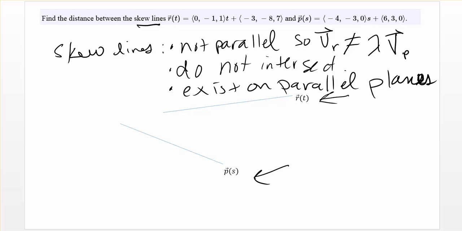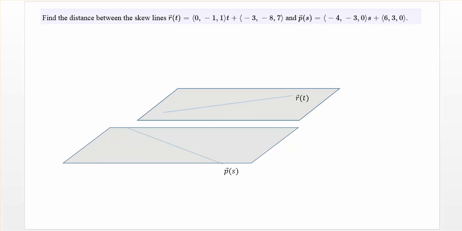That means that if we look at two planes in which r of t and p of s are contained, we know that they each have a normal vector. We can call this np, and we can call this normal vector nr.